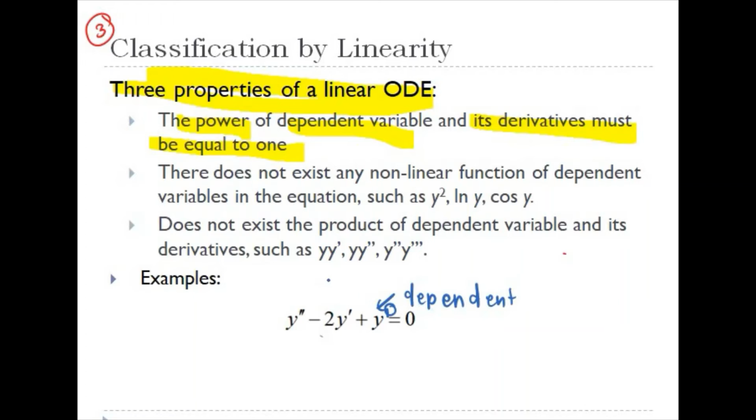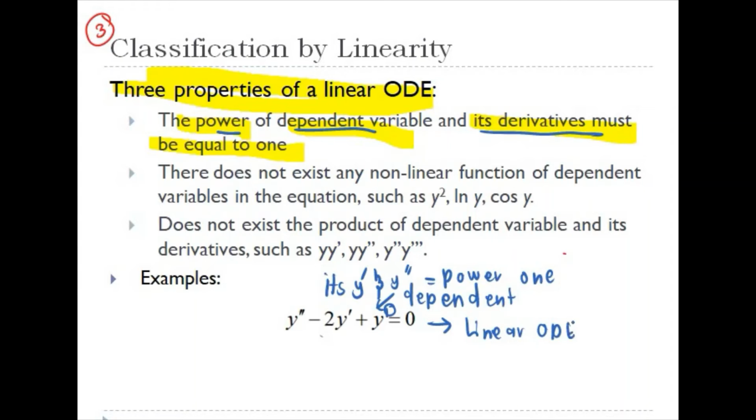How about its derivative? It's stated that the power of the dependent variable and its derivative, so its derivatives y prime and y double prime here, the power is also 1. So this example is a linear ODE.